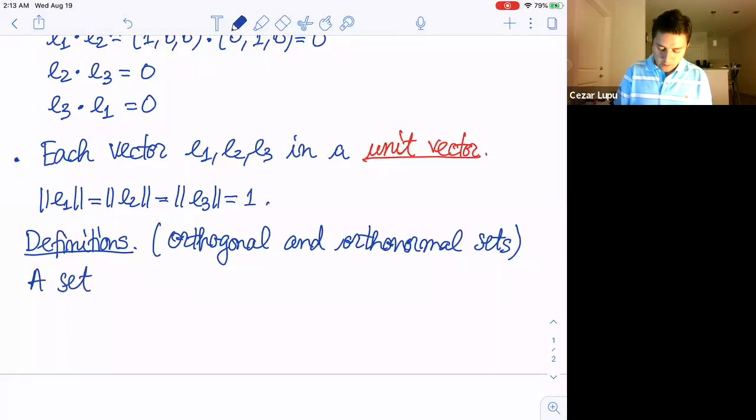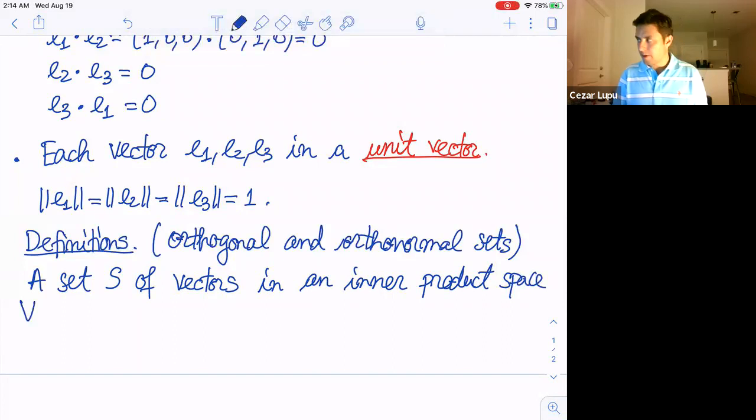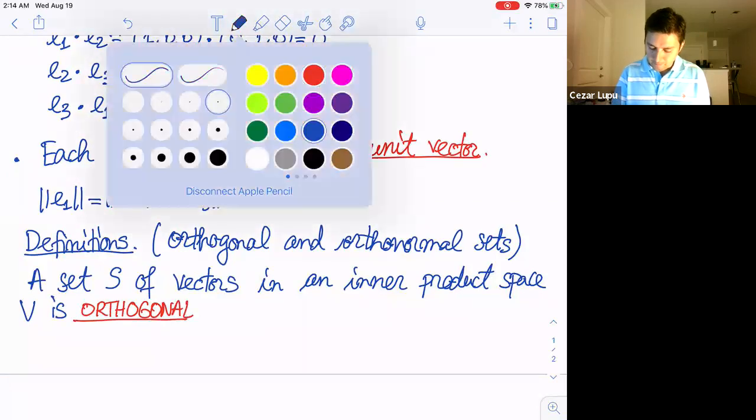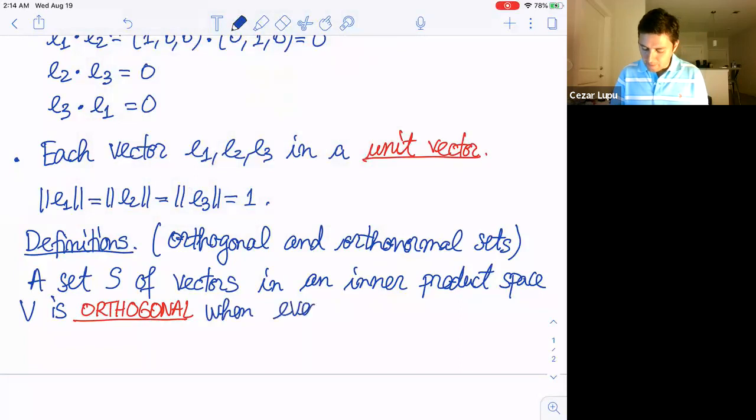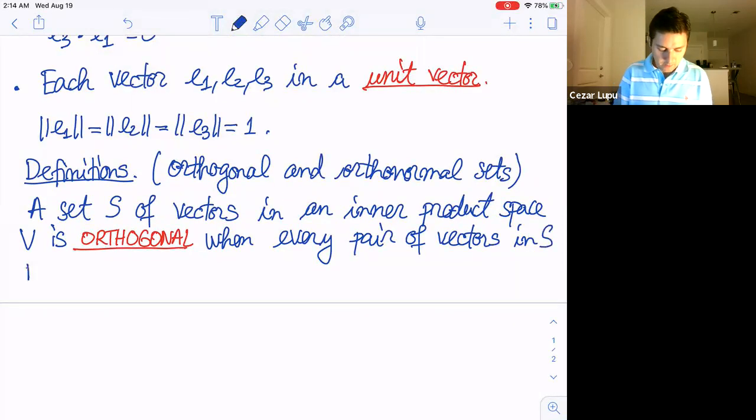A set S of vectors in an inner product space V is orthogonal when every pair of vectors in S is orthogonal.